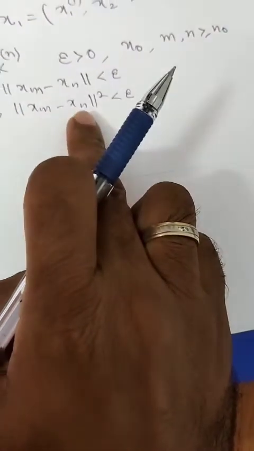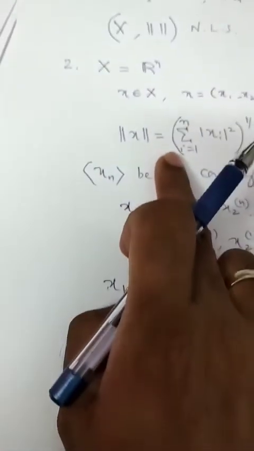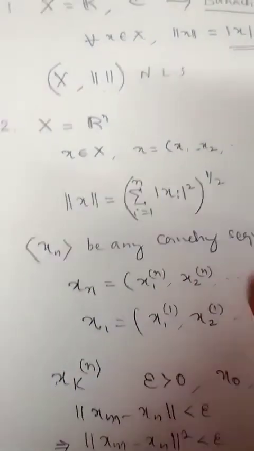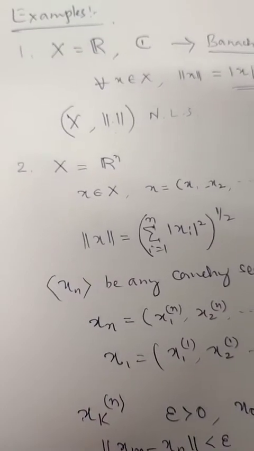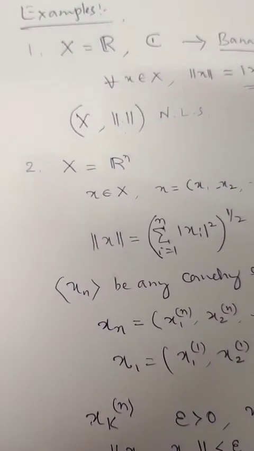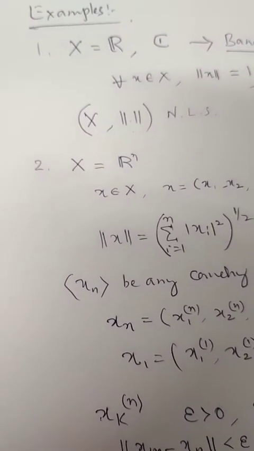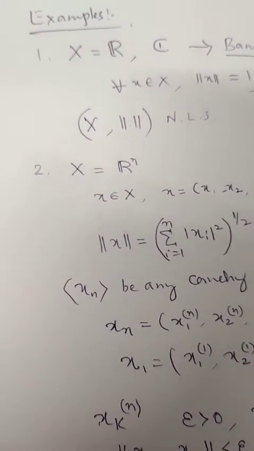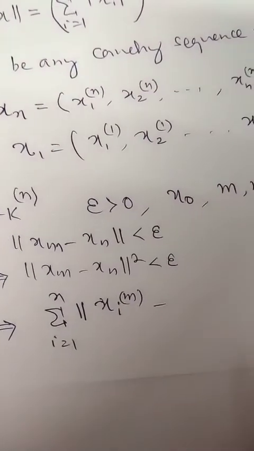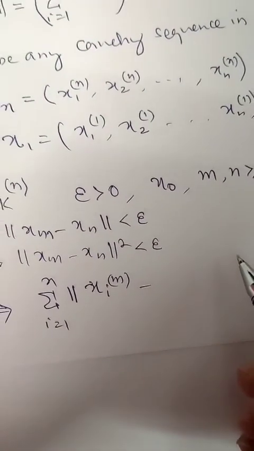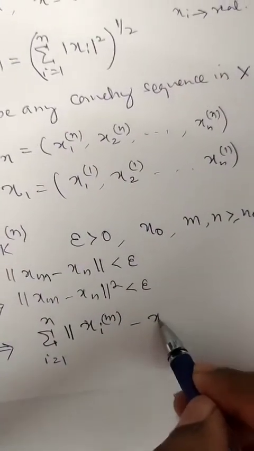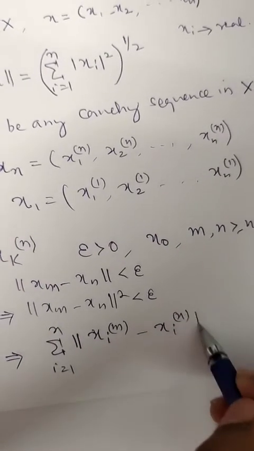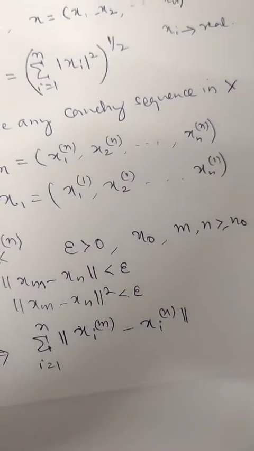But the norm of x_m minus x_n, according to our definition of a norm, this implies the summation i equal to 1 to n of the modulus of x_im minus x_in, whole square, is less than epsilon square.